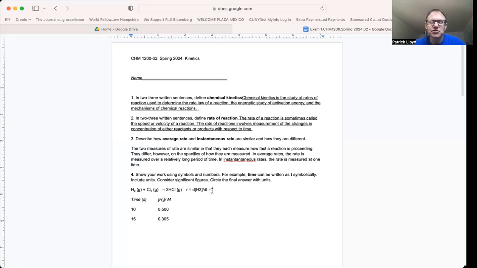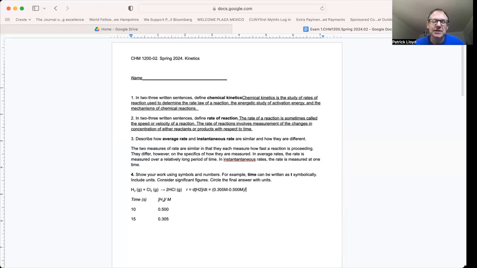The change in concentration is, well, our final concentration is 0.305, the units are in molarity, minus the initial concentration, 0.500. Let me put that in parentheses so we have a proper format.